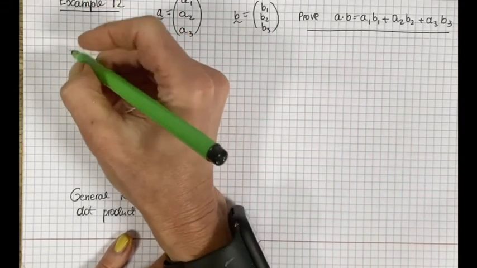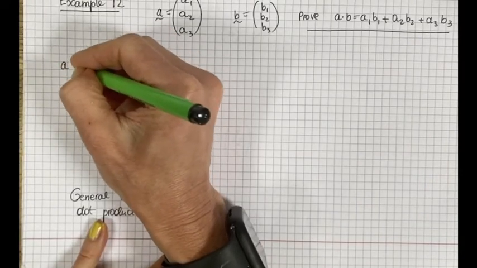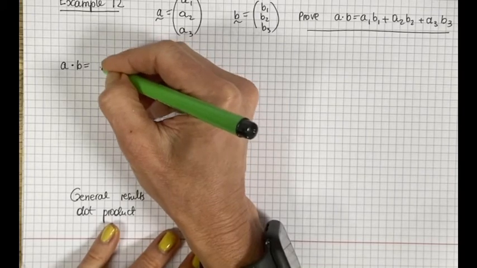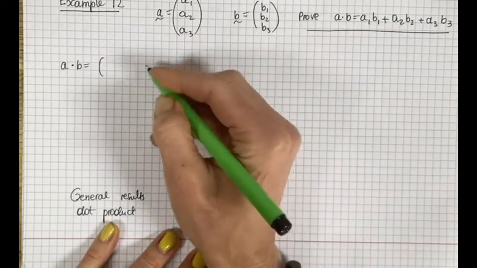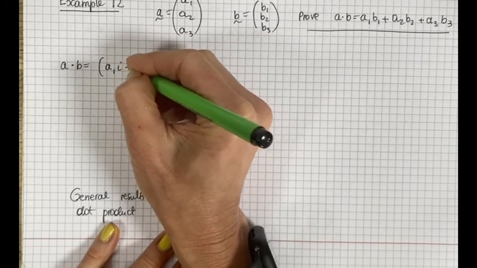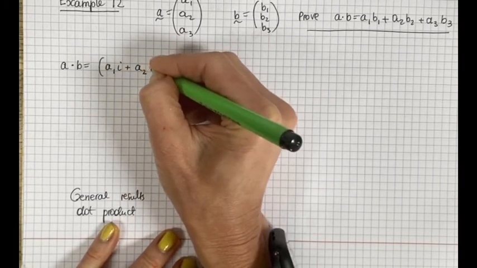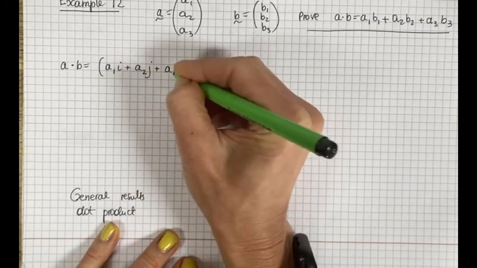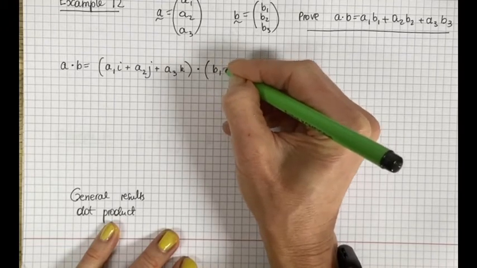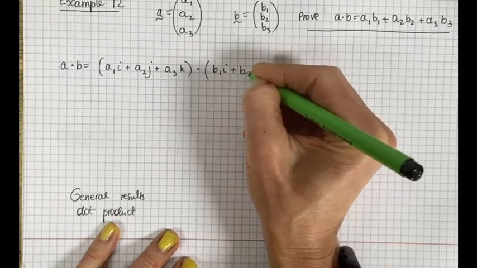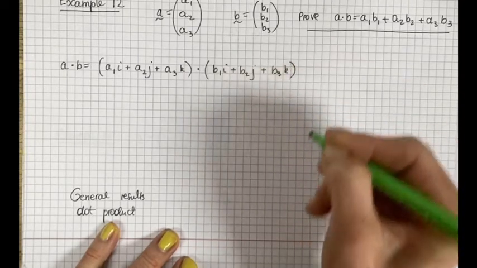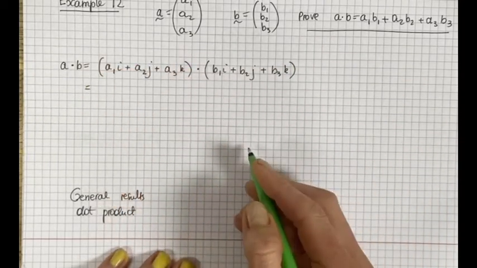So we are going to have a dot b, and let's write it out the long way in terms of i, j, and k notation: a1i plus a2j plus a3k, and then b1i add b2j add b3k. We're going to consider all the products.